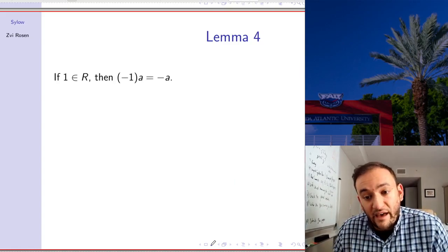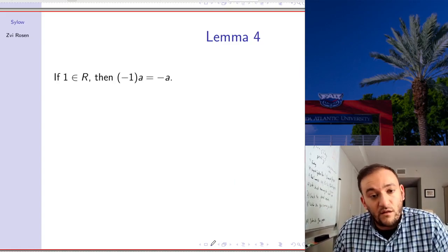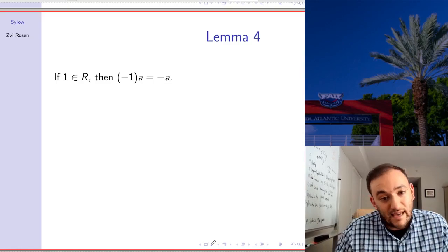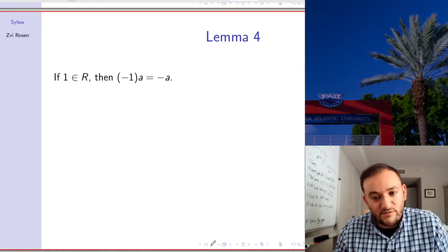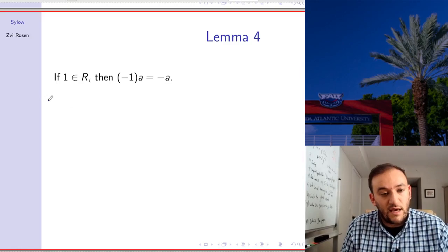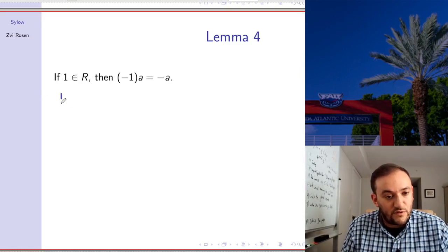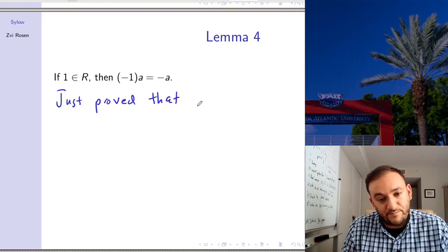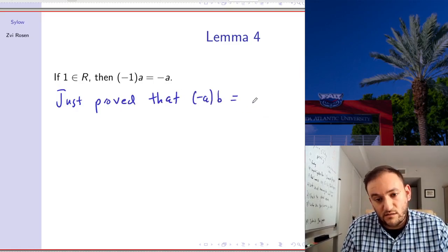Assuming we have a unit in our ring, then minus 1 times a equals minus a. This is a straightforward consequence of what we just proved, that minus a times b equals minus ab.